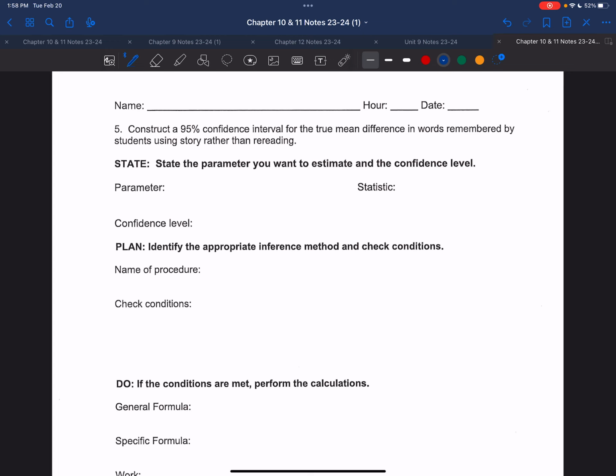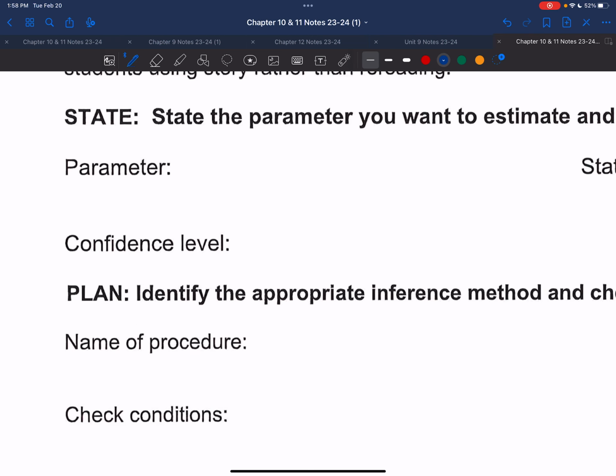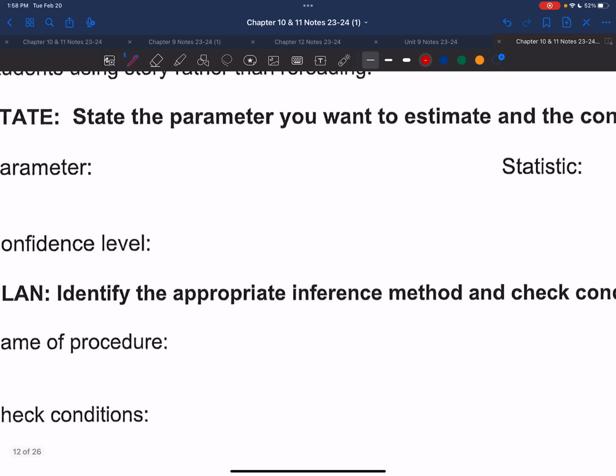And now it says construct a 95% confidence interval for the true mean difference in words remembered by students using story rather than rereading. So again, same exact layout. In the state section, I need to know my parameter, confidence level, and in this case, statistic as well.